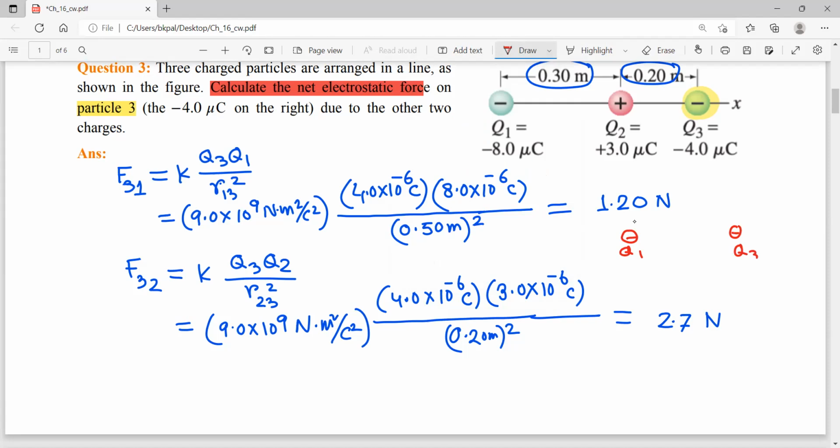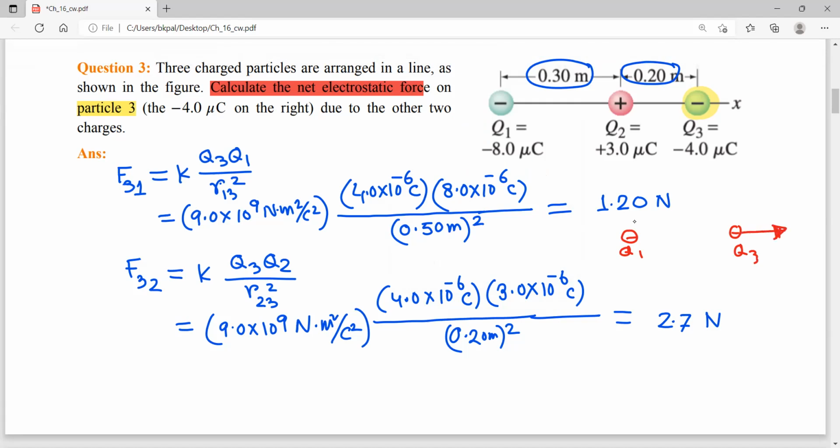Both are negative. As you know, like charges repel each other, so the direction of F31 will be this. Q1 will go in this direction, Q3 will go in this direction, but we are interested in the force on Q3, so the direction will be this one.